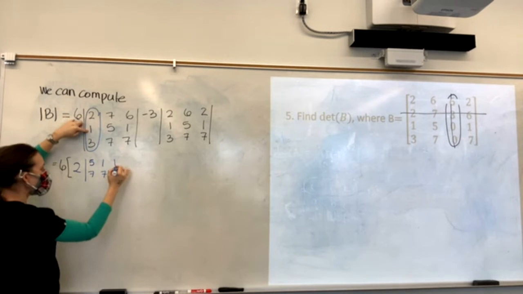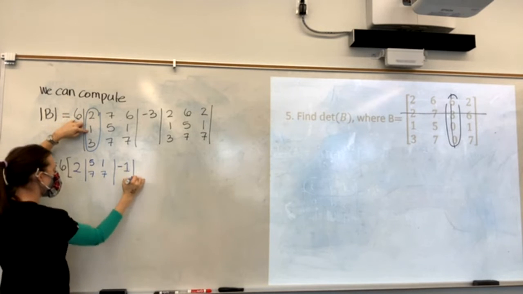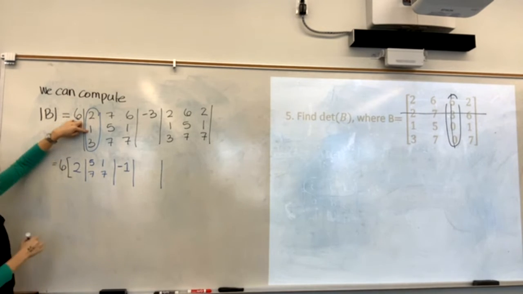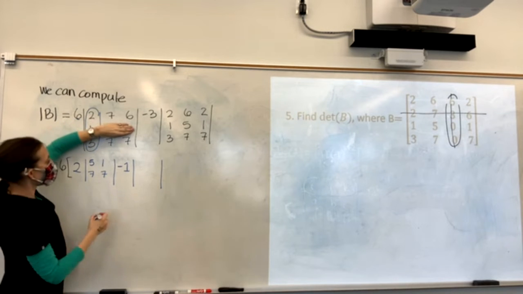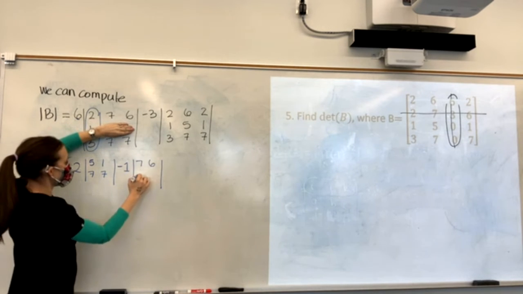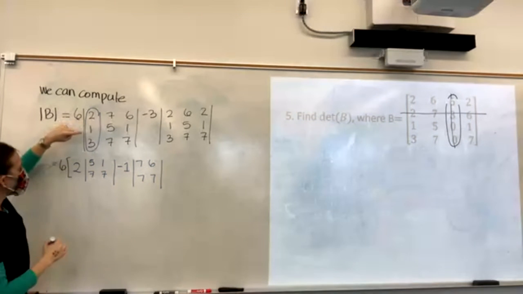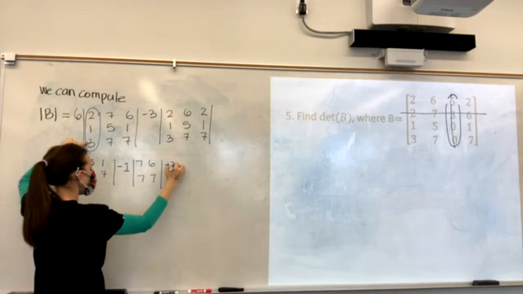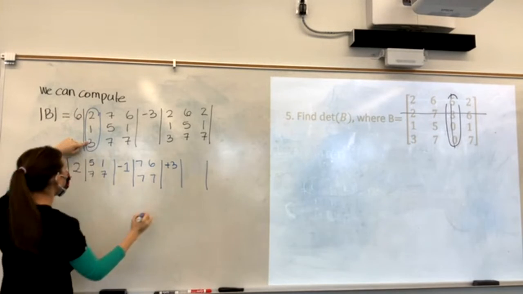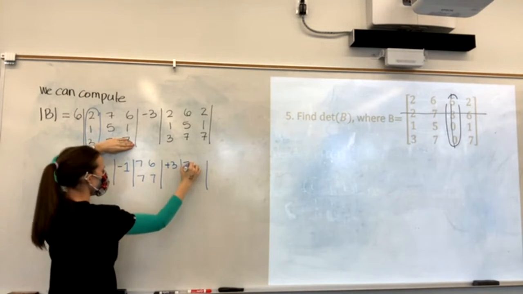Then it'll be a minus 1 because of my checkerboard. Minus 1 times the determinant of 7, 6, 7, 7. And then plus 3 times the determinant of 7, 6, 5, 1.